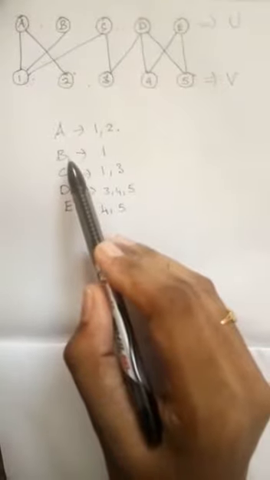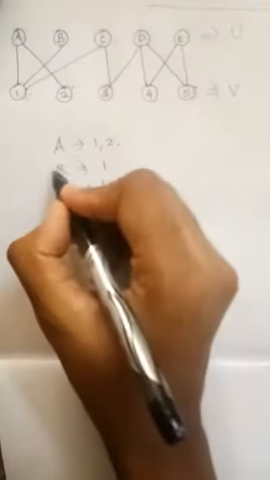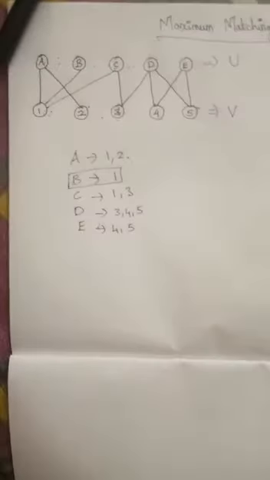So this is my observation, and from it I can clearly see that B is connected only to 1. That is, there is only one pair for B. If there is only one pair, that is the perfect pair. So B to 1, I am finally judging it as the perfect match. So I am finalizing it.